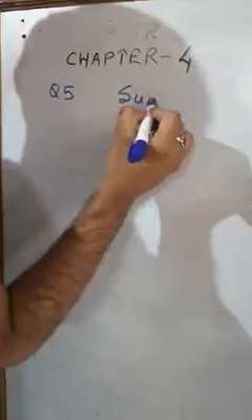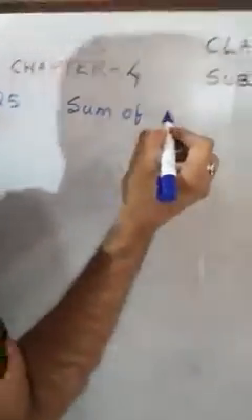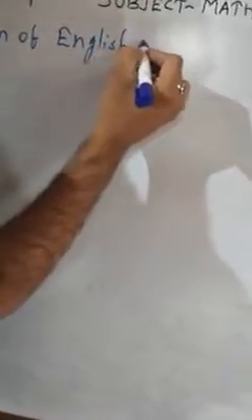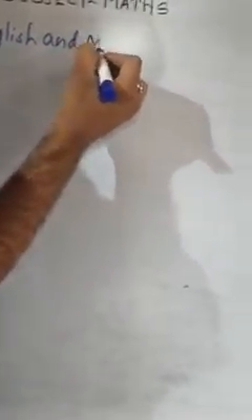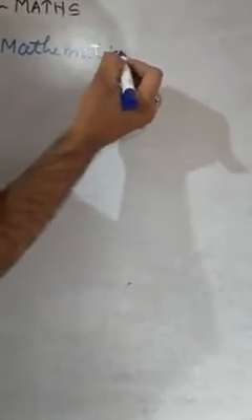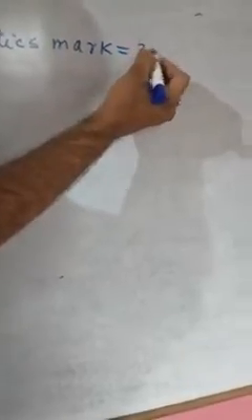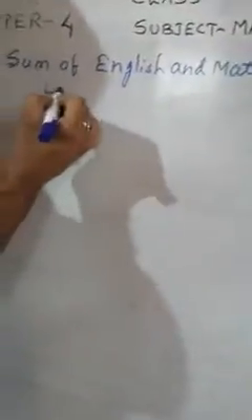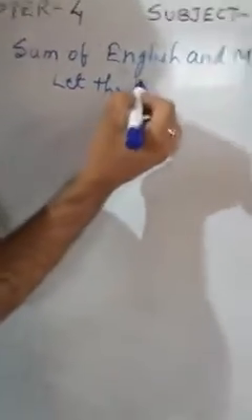The sum of English and mathematics marks is equal to 30. We will consider let the English marks be x.